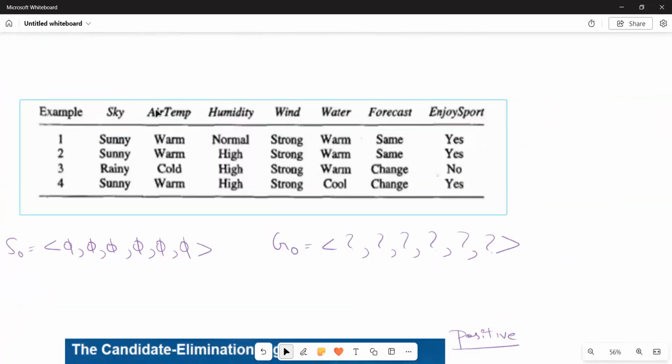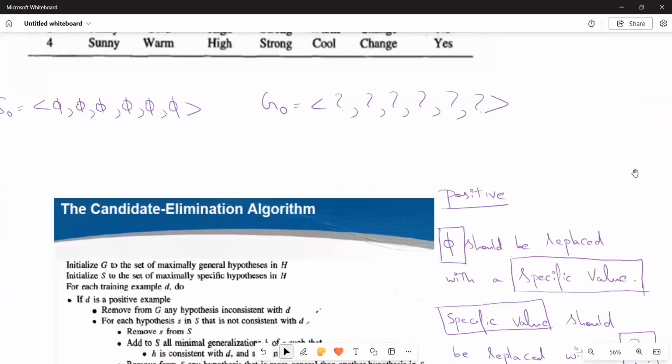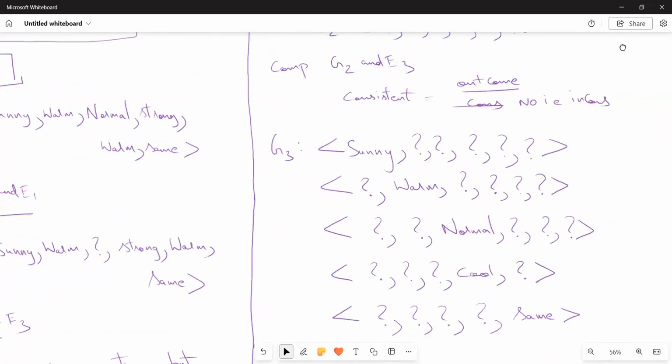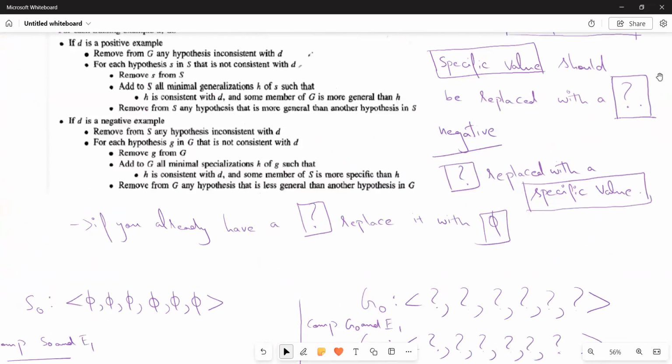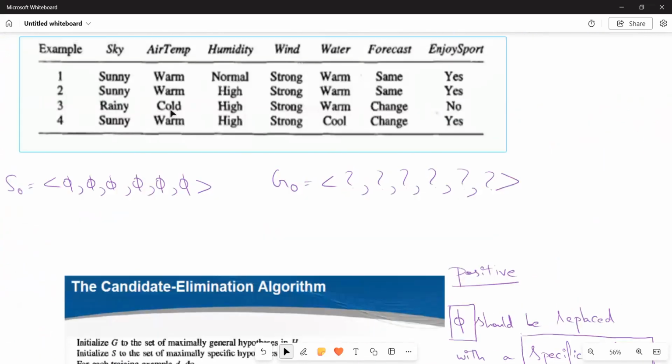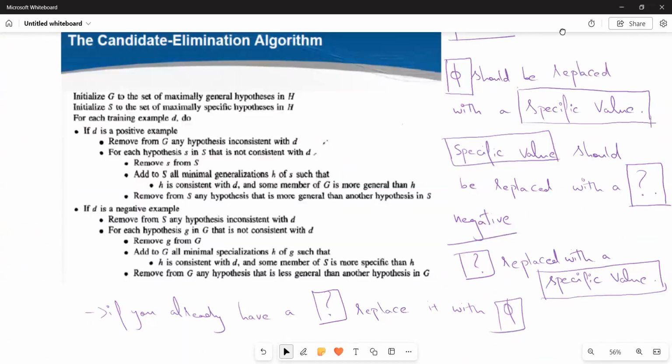We had a question mark, warm, question mark, question mark. Yes, it was consistent. Coming to your next one, it was normal, right? Question mark, normal, and question mark. So it is inconsistent here. So what are we going to do? We are going to remove normal.